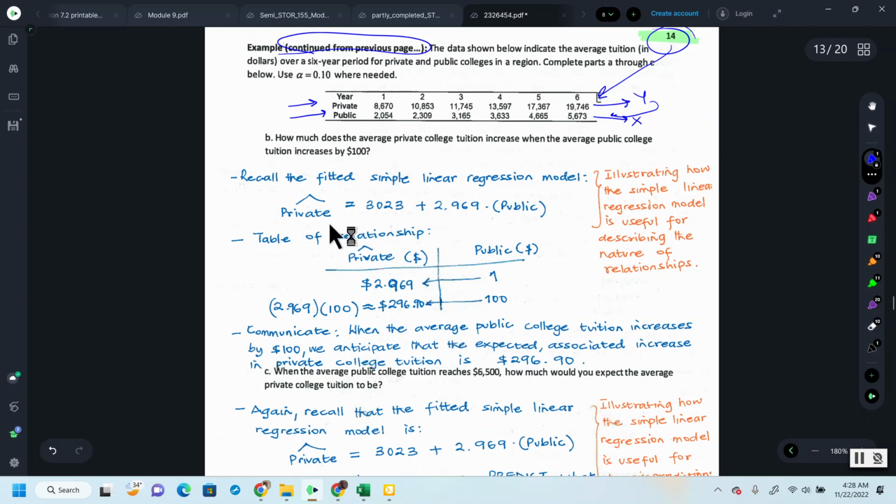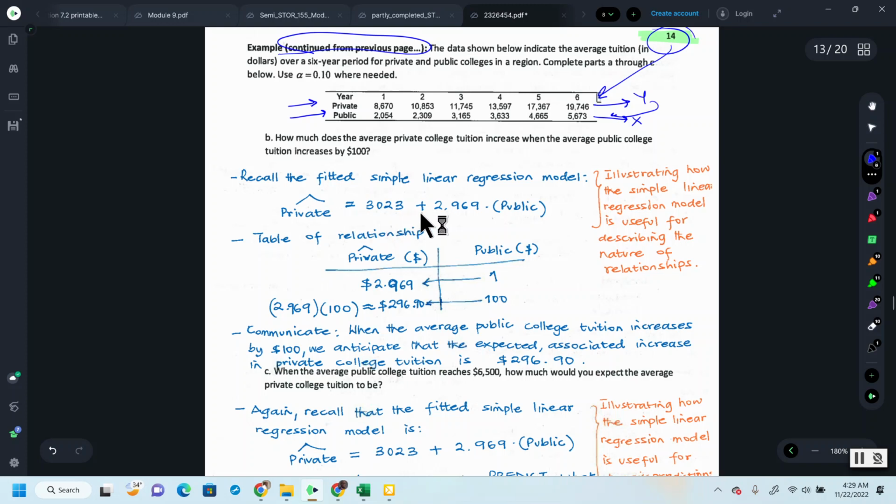So in particular here, we are going to draw a table of relationship. What does this 2.969 mean? Here it is. You see, I'm going to draw a table in one of the columns. This is the column for public college tuition. If it increases by $1, if this public right here increases by $1, we expect private college tuition to also increase.